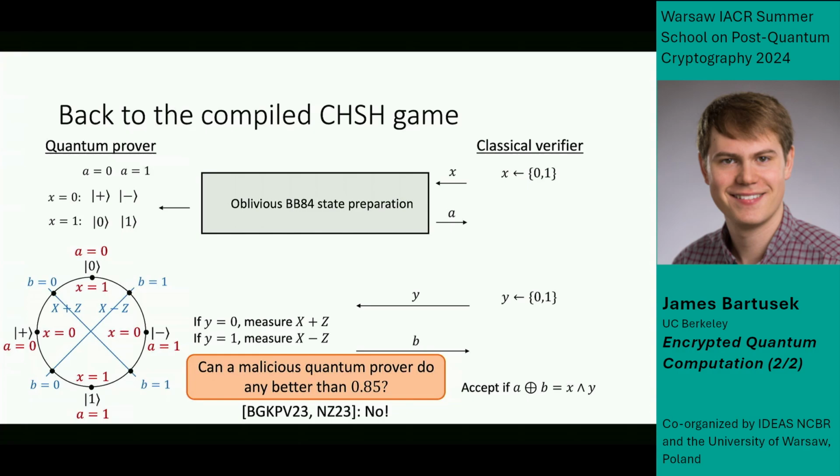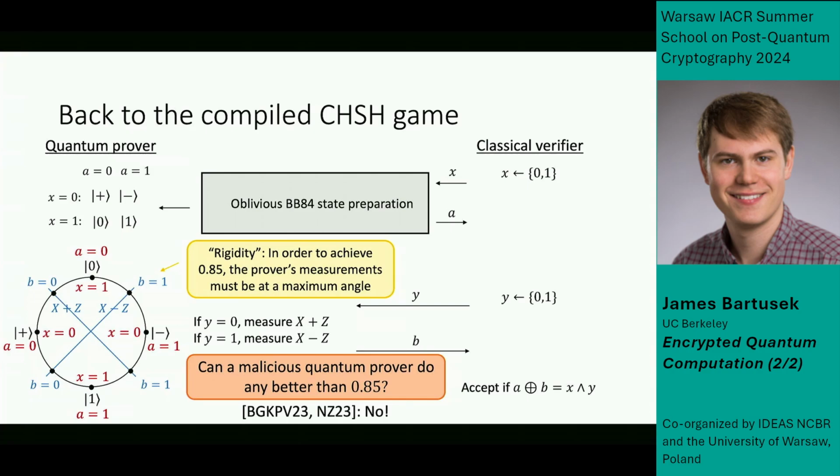And this was proven in 2 concurrent works from last year. And just to give you hopefully a little bit of intuition about what they actually showed, they prove something even stronger than the fact that this preserves the quantum value.